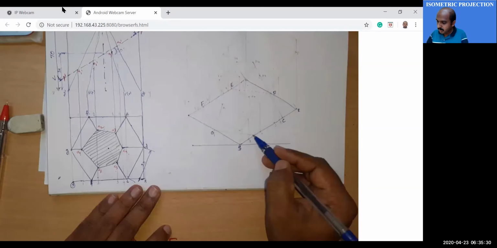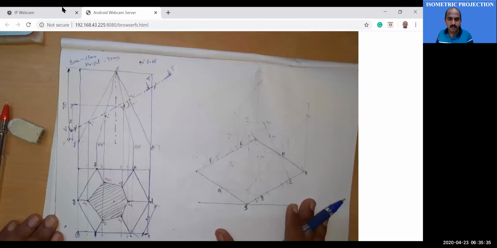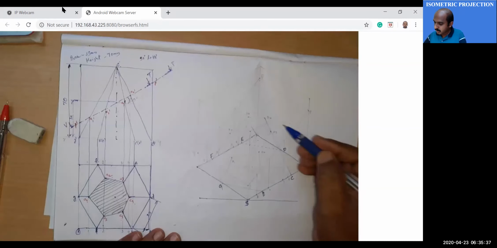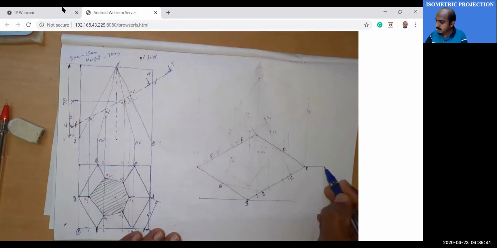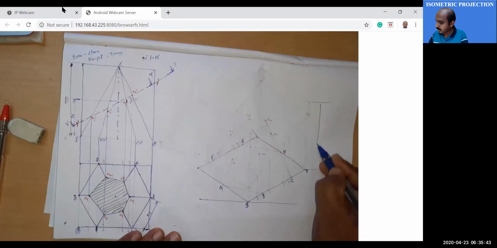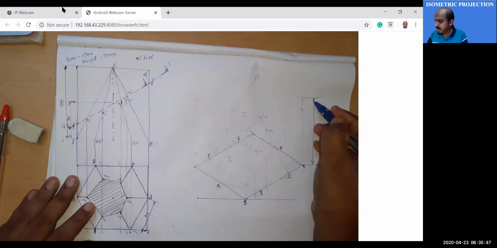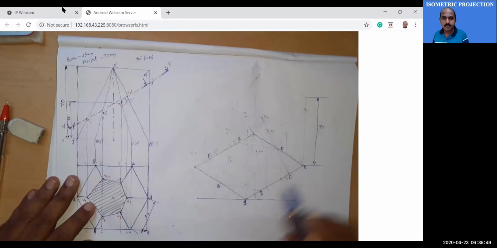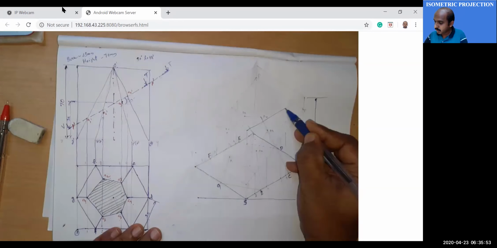The height of this rectangular box is 70. So you complete that rectangular box with height equal to 70.